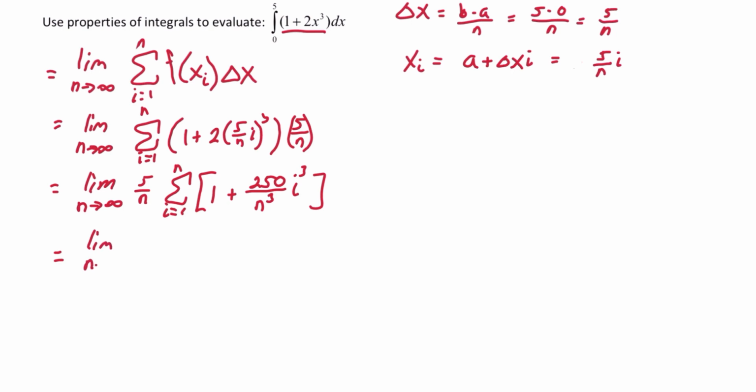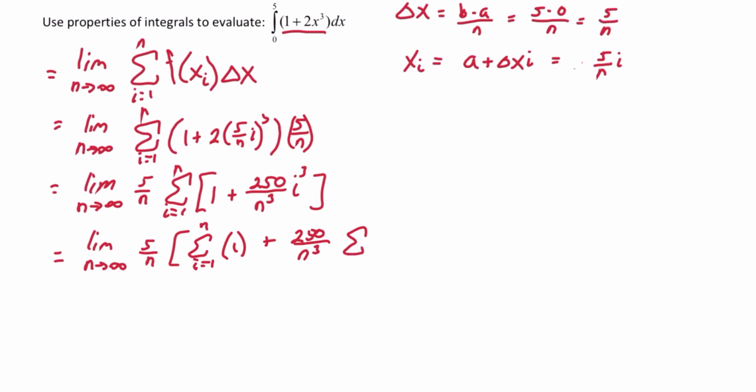Limit as n approaches infinity, 5 over n, sum i equals 1 to n of 1, plus, and in the second sum we can pull the 250 over n cubed out of the summation, leaving us with the sum of i cubed.